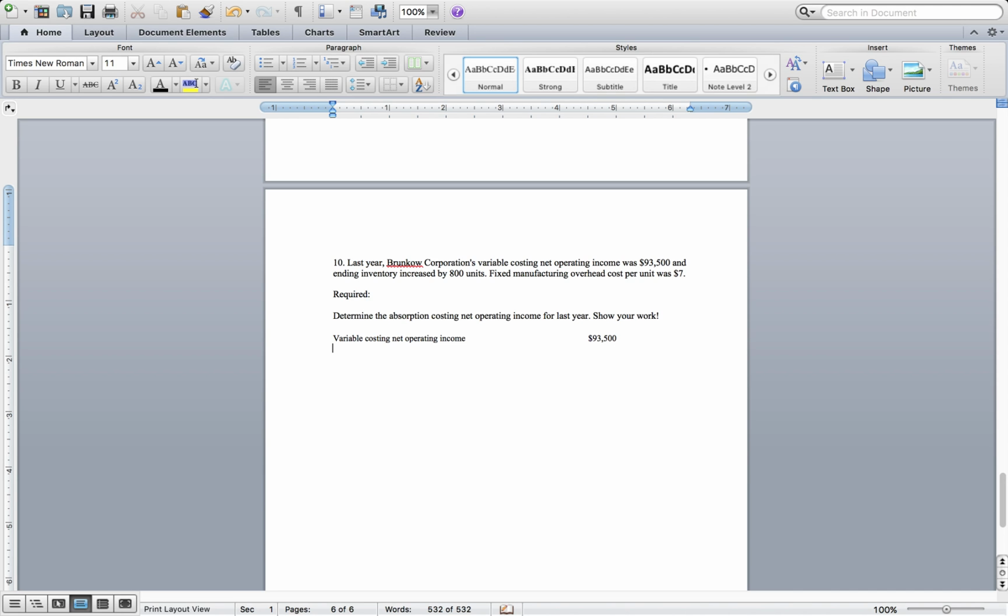which is $93,500. And then what you want to do is add the fixed manufacturing overhead costs deferred in inventory under absorption costing.